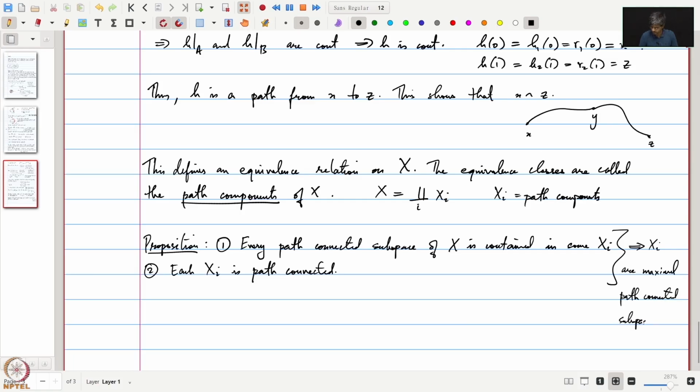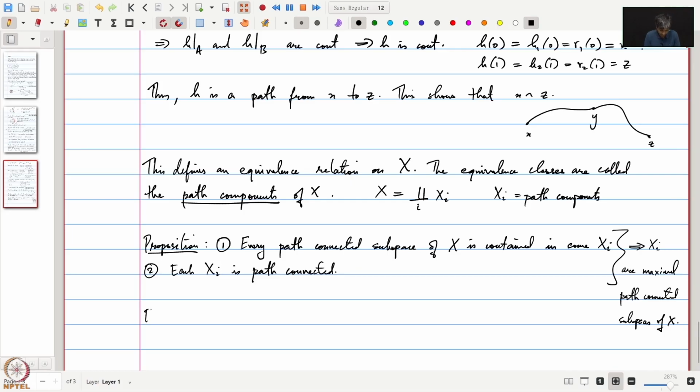Notice that earlier we had a third point which said that the connected components are also closed. But this is not true for path components. We will see a counterexample in the next lecture.